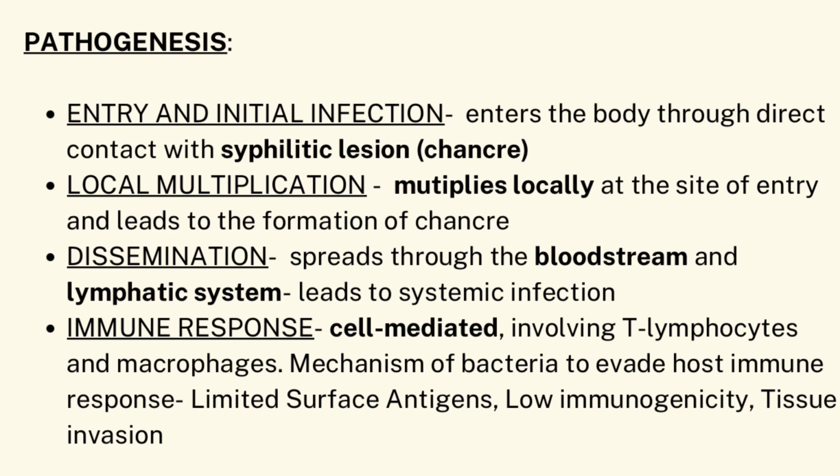Low immunogenicity. The bacterium induces a weak immune response, allowing it to evade detection and clearance. Tissue invasion. Treponema pallidum has the ability to invade and survive within host cells, including endothelial cells, fibroblasts and macrophages, allowing it to evade the immune response.